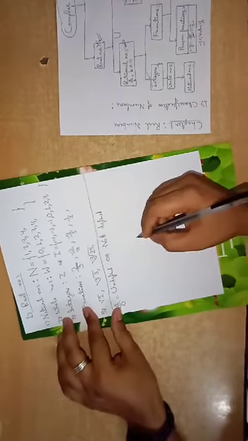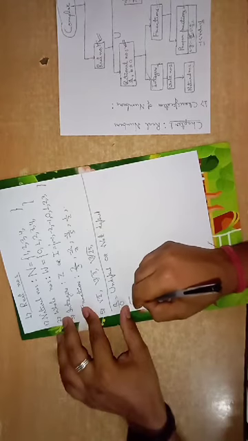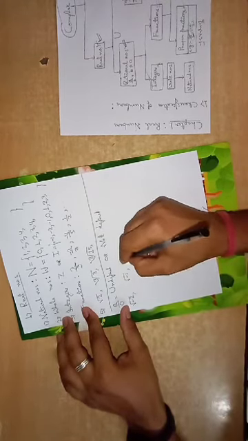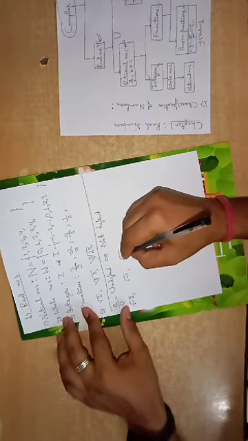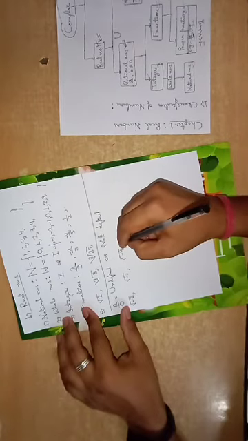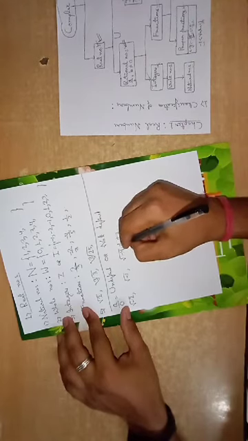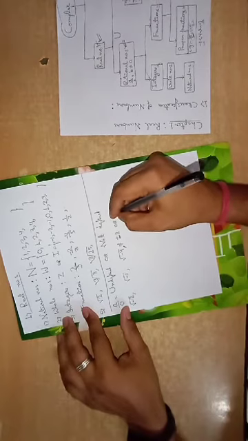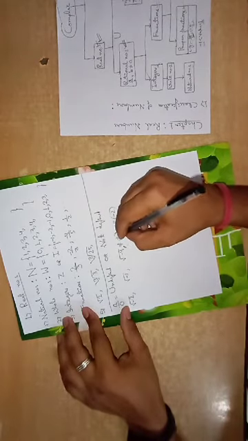Then the second thing: suppose you get a number like square root of minus 2, square root of minus 3, or square root of minus 4. These numbers are not real. Why not real? Because square root of minus 4 cannot be written as plus 2 or minus 2, because minus 2 into minus 2 is plus 4, and plus 2 into plus 2 is plus 4.